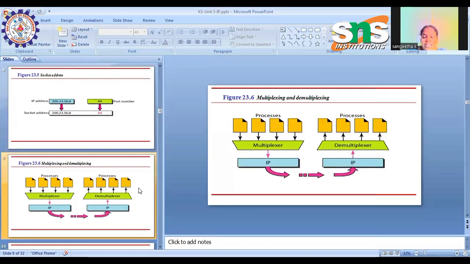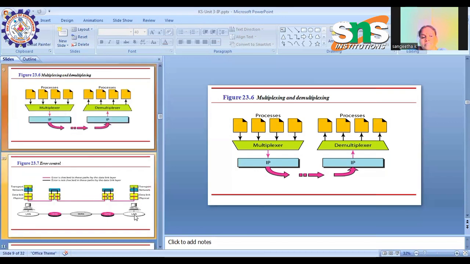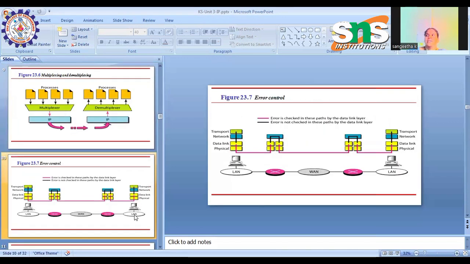Several processes run on one particular host machine, and the information will be multiplexed and sent through IP to the network. At the receiving machine, these processes are demultiplexed. The transport layer is also responsible for error control, which means error detection and also correction.